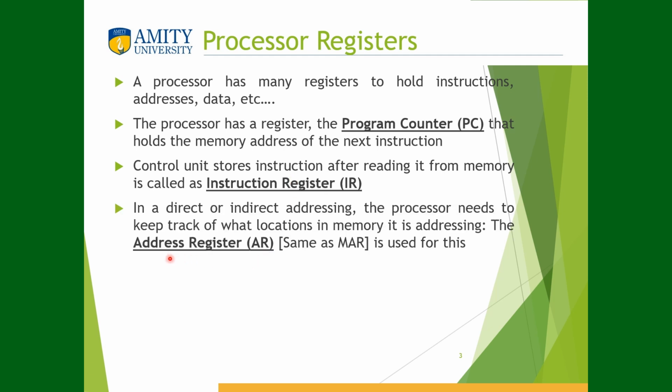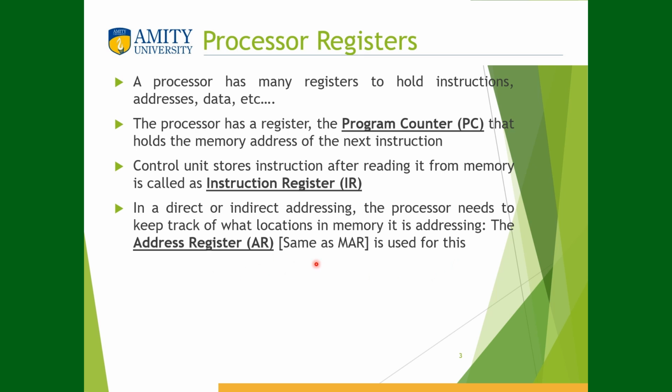The third type of register is the address register. This is the one that stores the address that the memory is locating, and it helps in keeping track of which locations in the memory are being addressed. It uses either direct or indirect addressing.